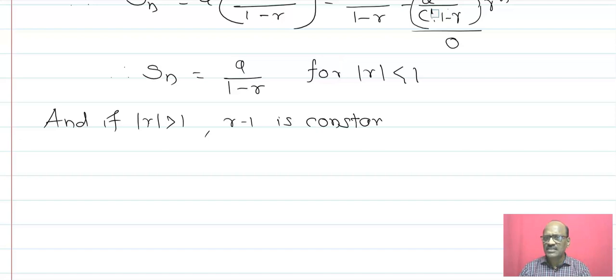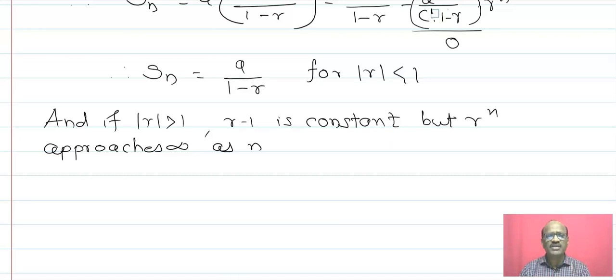But someone will ask what happens if mod of r is greater than 1. Then r - 1 in the denominator is constant, but r^n becomes very large as n approaches infinity. Therefore, the sum tends to infinity when mod of r is greater than 1.